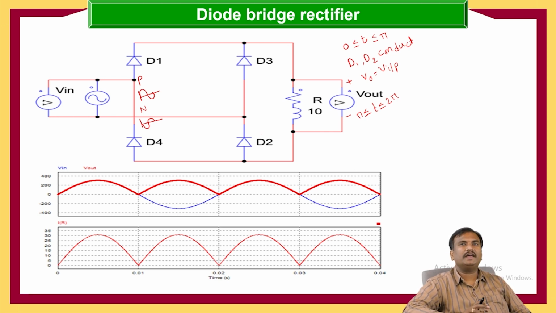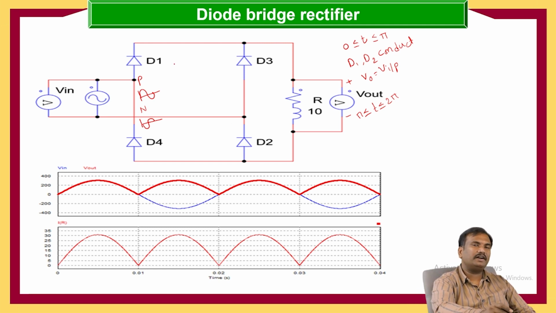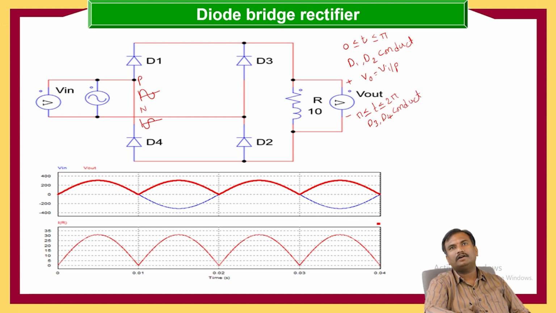Immediately, once they get the negative voltage, they are going to turn off, into the reverse bias condition. So D1 and D2 are reverse bias, and D3 and D4 are going to conduct.